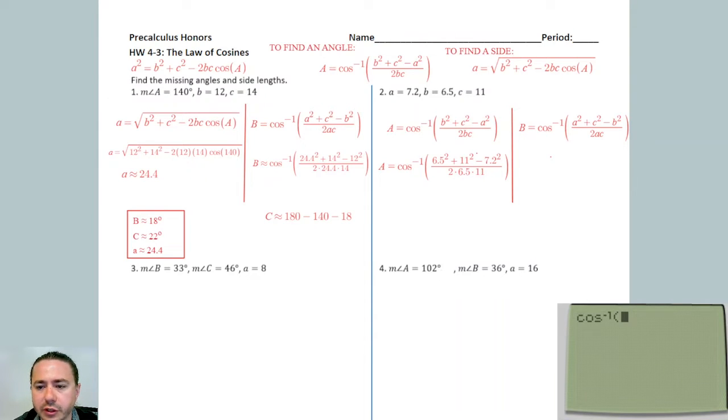Okay, so I got the inverse cosine of, set up a big fraction here, 6.5 squared plus 11 squared minus 7.2 squared, divided by 2 times 6.5 times 11.